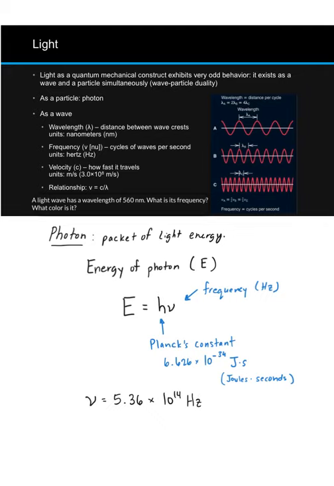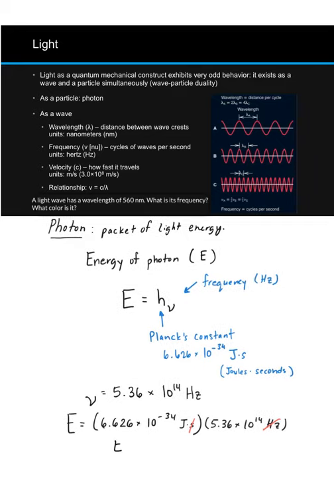The energy of this same light wave would be equal to Planck's constant, 6.626 times 10 to the negative 34 joules times seconds, times the frequency, 5.36 times 10 to the 14 hertz. In this equation, because hertz is the same as 1/seconds, seconds and hertz cancel each other out.